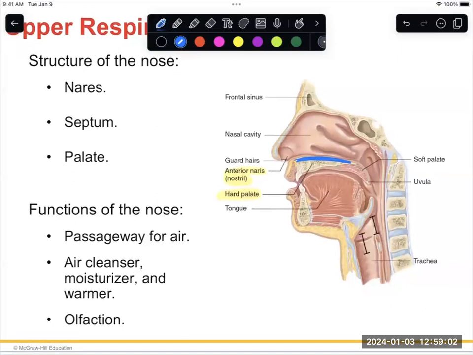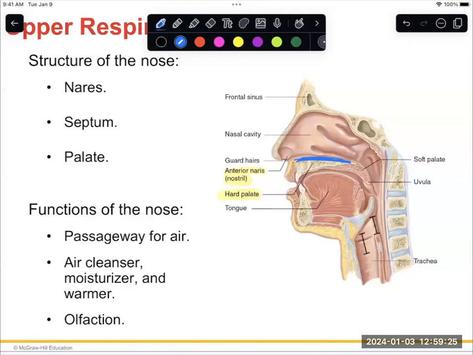Your nose, that passageway for air, is an air cleaner or cleanser. Those nostrils or the hair in your nostrils are helping to clean that air. Moisturizer, we're going to add moisture to the air we breathe in, as I mentioned, and we also warm that air.